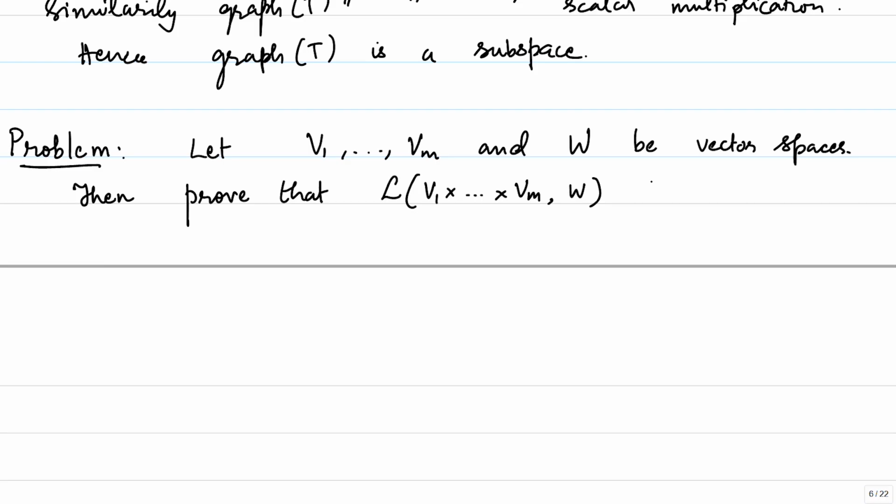Now this is a vector space. We already know that the collection of all linear transformations from a vector space to another vector space is a vector space in itself.